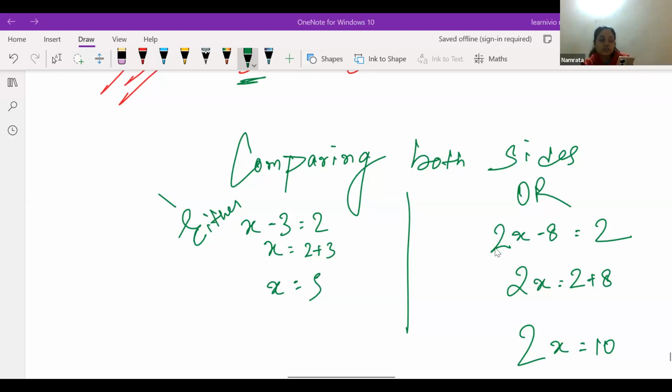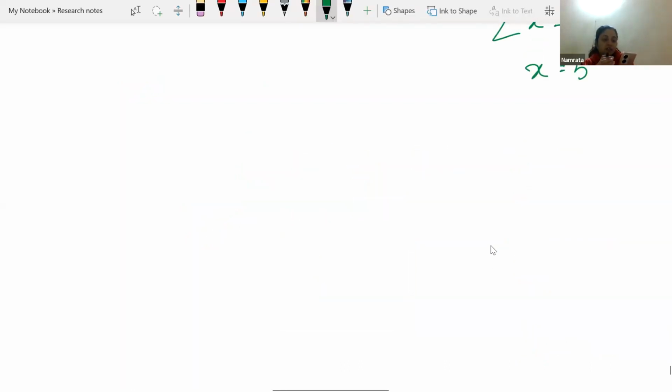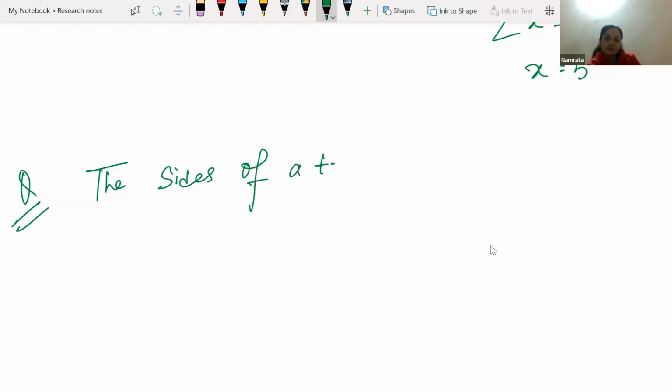Okay, Arya, let me take your questions. Here I can see the sides of a triangle are 3 centimeter, 7 centimeter. Let me write the question. The sides of a triangle are 3 centimeter, 7 centimeter, and 8 centimeter.